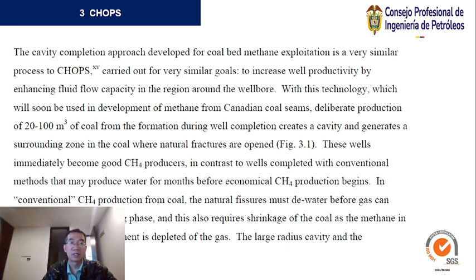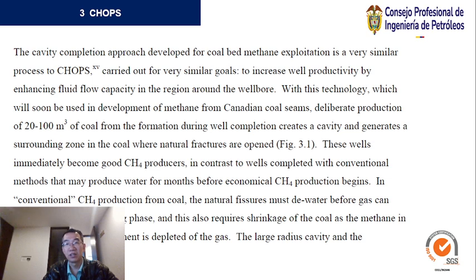The cavity completion approach developed for coal bed methane exploration is a very similar process to CHOPS, carried out for very similar goals: to increase well productivity by enhancing fluid flow capacity in the region around the wellbore.